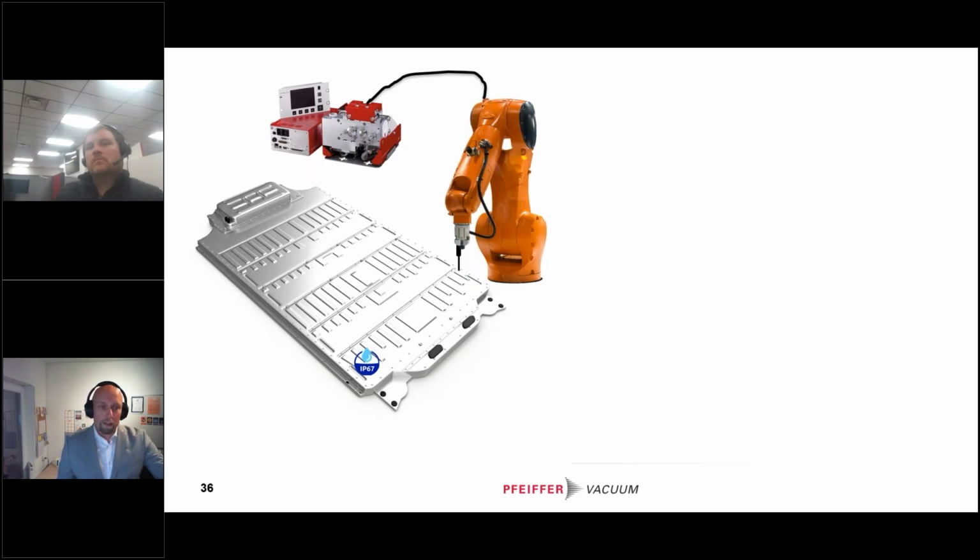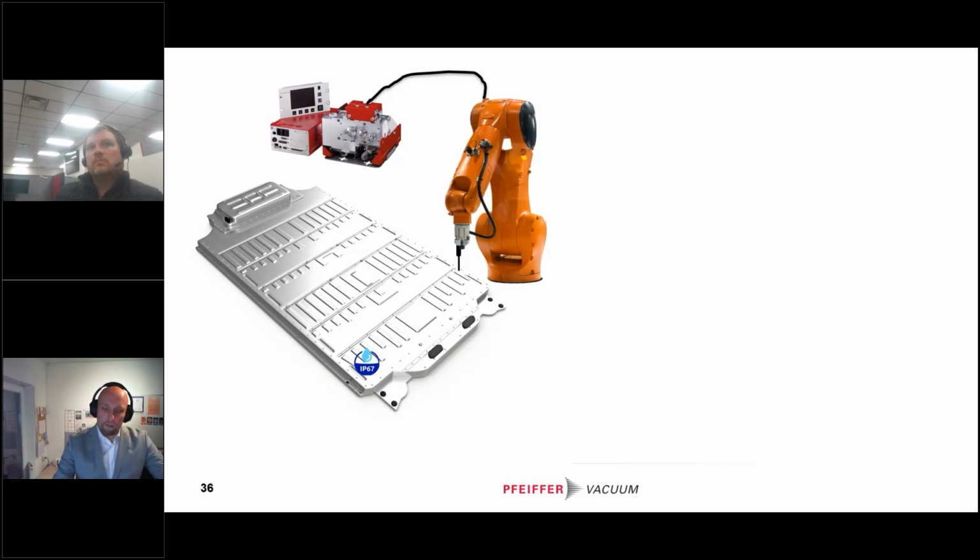in the way that you are pressurizing your battery pack with the helium concentration, and then moving around one sniffer probe guided by a robot arm, or several sniffer probes around your product. The problem here is, in this example, you really see there is no real inlet into the battery pack.